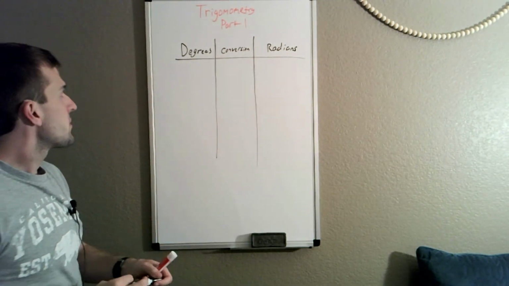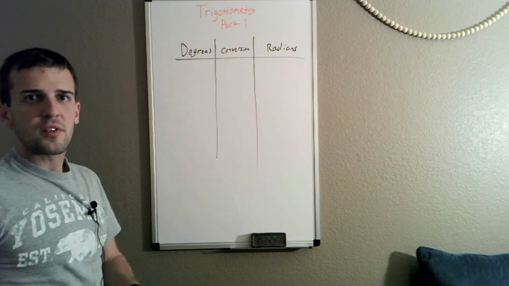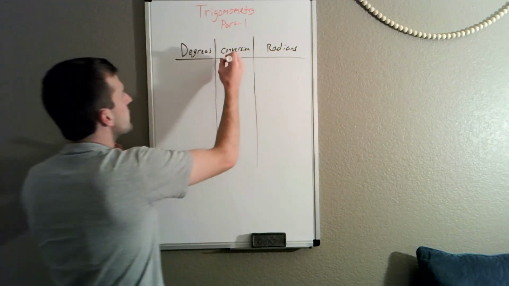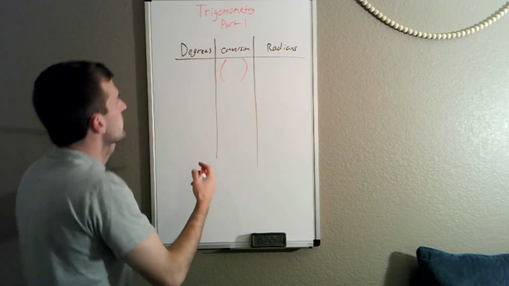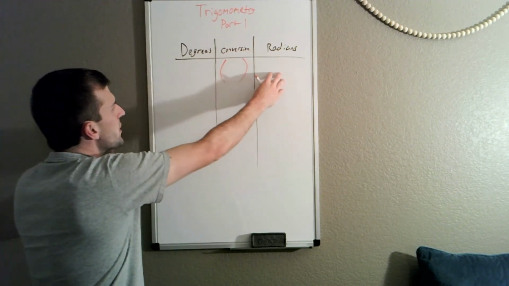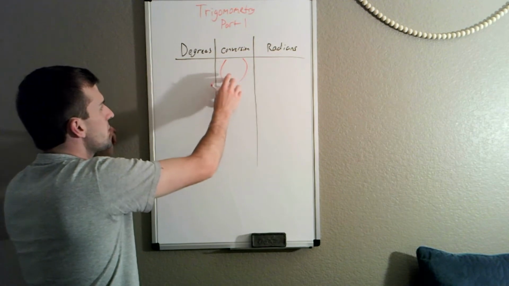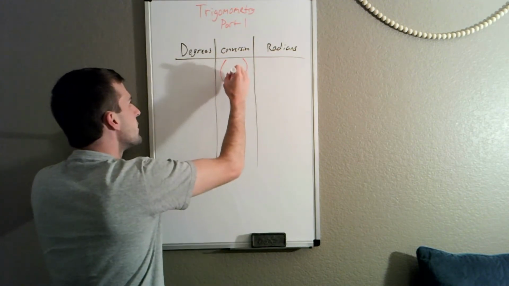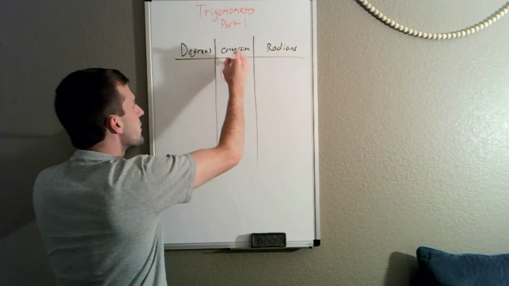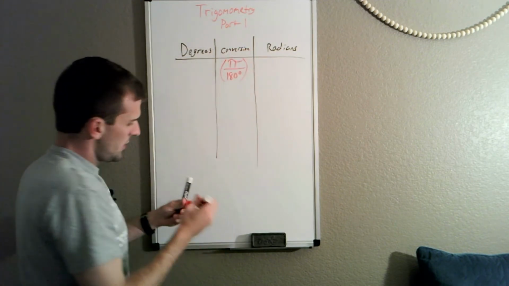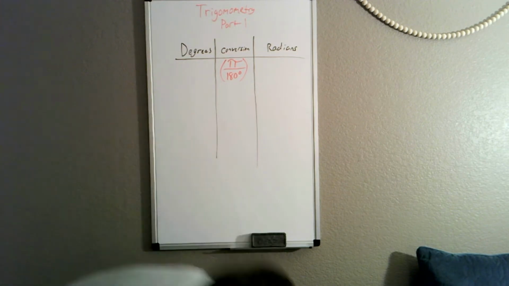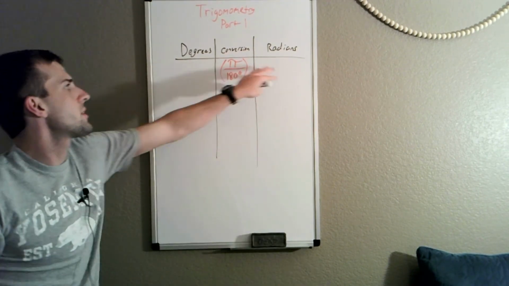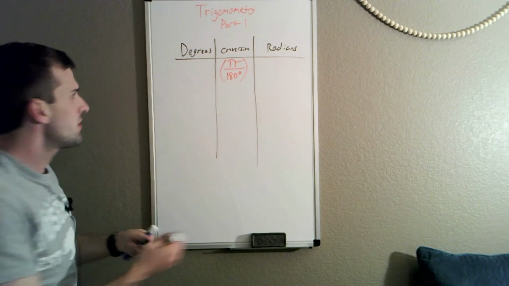When we convert between degrees and radians, it's important to get the conversion factor correct. So we're going from degrees to radians. So for degrees to cancel out, we're going to have to put the 180 in the denominator. So put 180 in the denominator, put pi up top. And now I'm going to use a different color. We're going to convert from degrees to radians by multiplying by the conversion.